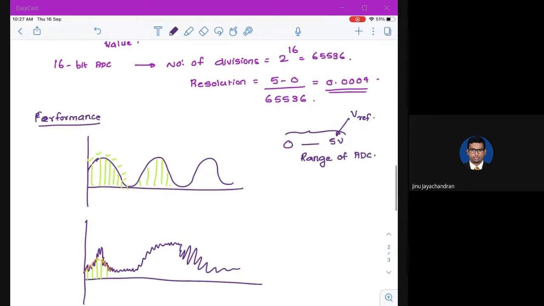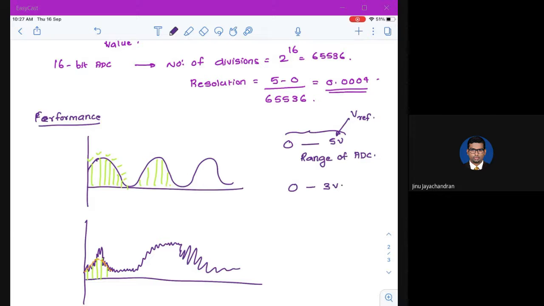Okay. Now it is possible that your ADC might not be able to sample any voltage above, let's say, 3 volt. So the range of ADC then becomes 0 to 3 volt. So whatever voltage you give beyond this 3 volt will not get sampled, or it will get sampled, but you will always get the maximum value.